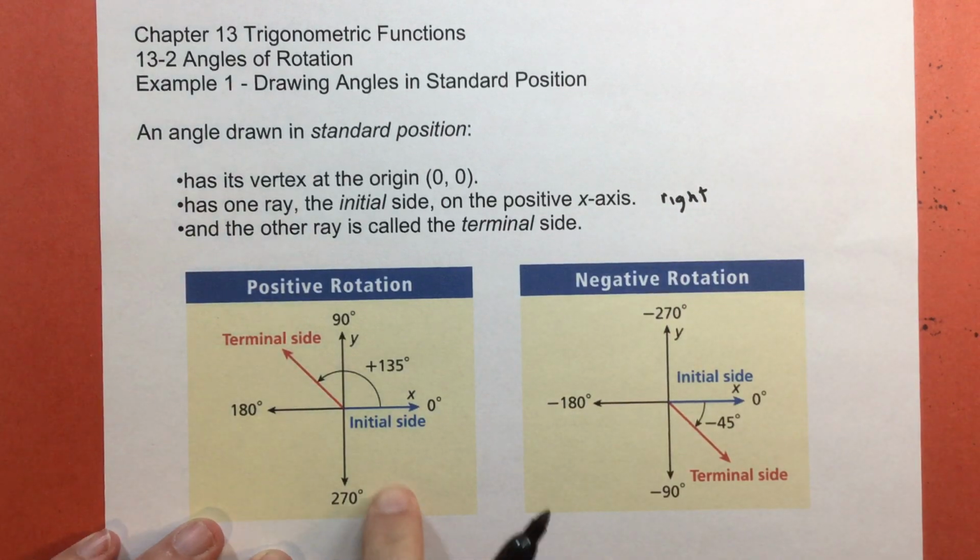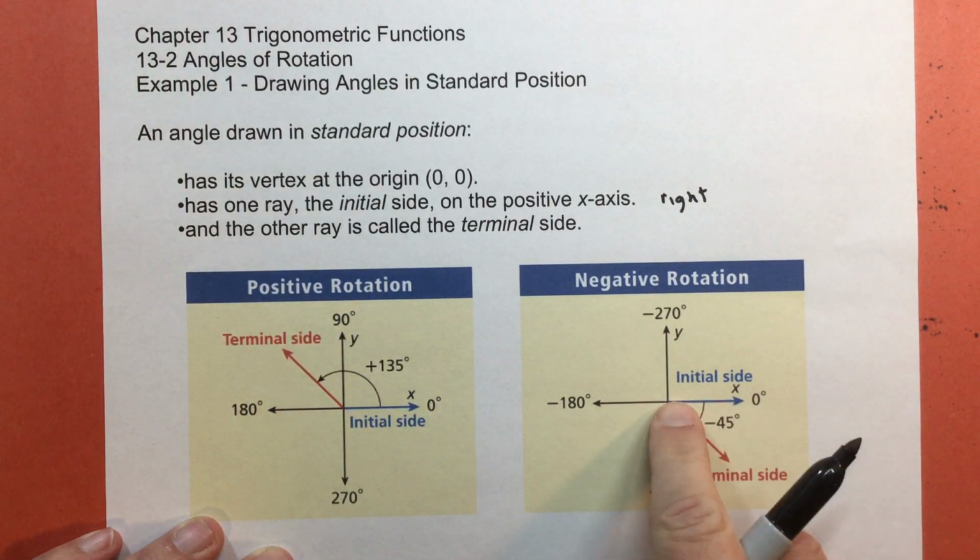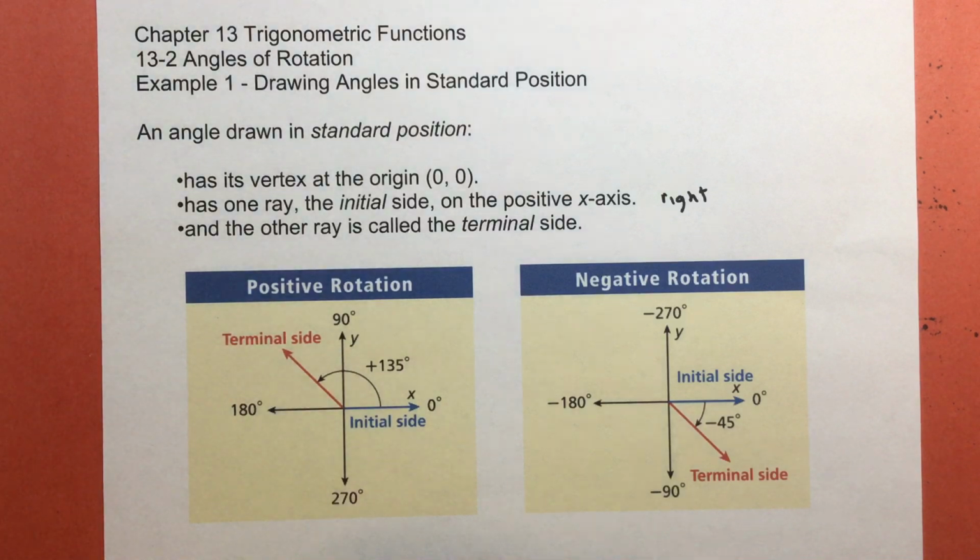So in both these pictures, the blue side represents the initial side, and that's going to be constant. The initial side is always going to start to the right, the positive part of the x-axis. The other ray is going to go off into the plane somewhere, and where it goes is the whole point. So that's what we're going to be looking at. Where did the other ray end up?